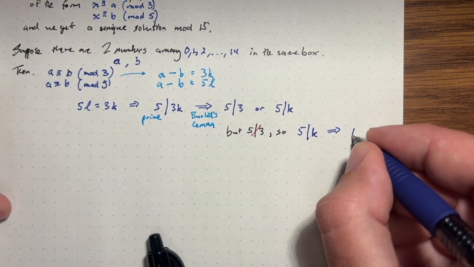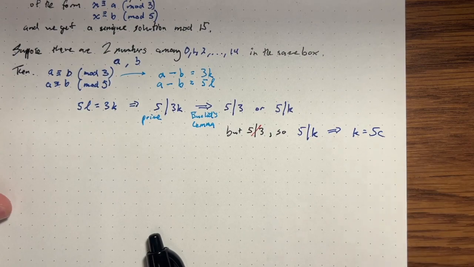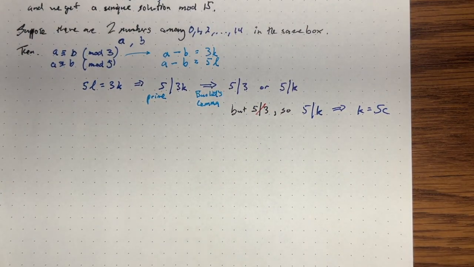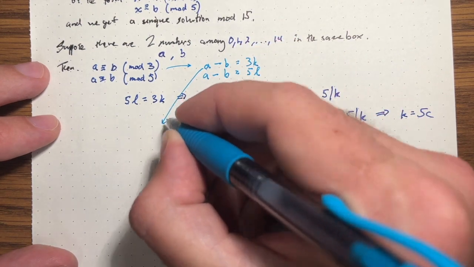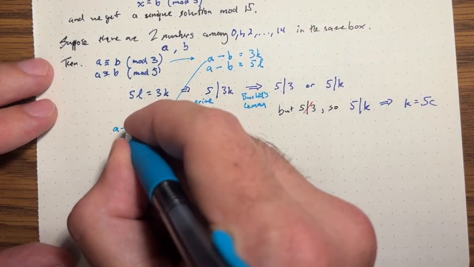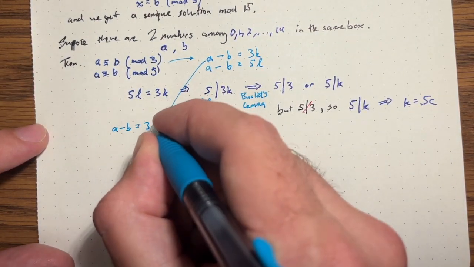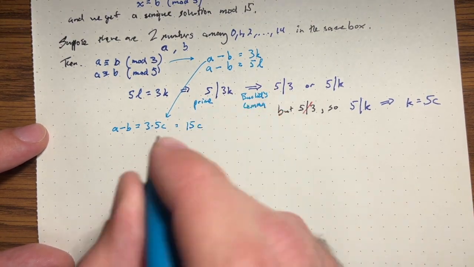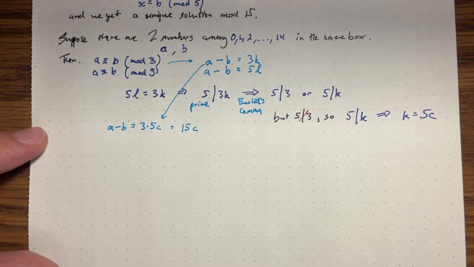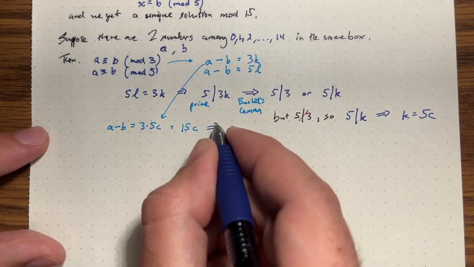Well, that just means that k is some multiple of 5. So k is 5c. And now if I take this first equation, I can write A minus B is 3 times 5c, which is 15c. So A minus B is a multiple of 15. What does that mean?